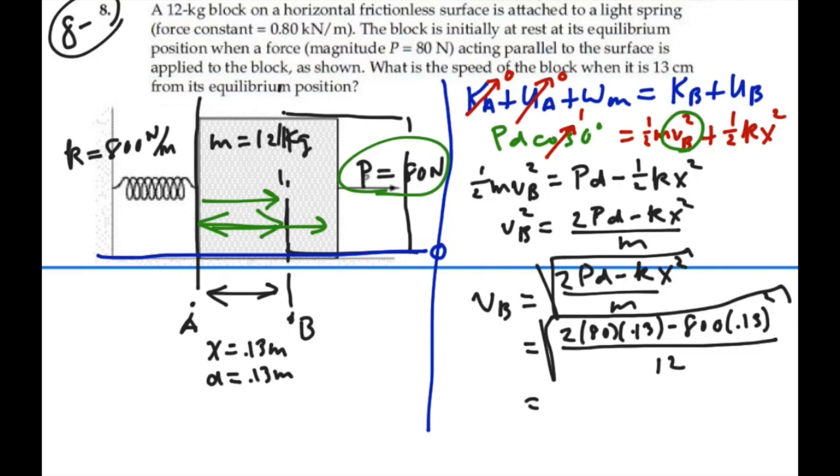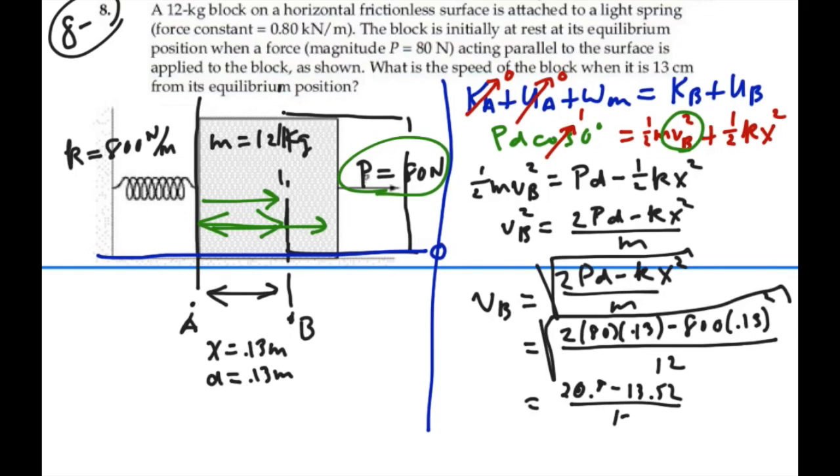And if I do that, 2 times 80 times 0.13 is 20.8, minus 800 times 0.13 squared, which is 13.52.